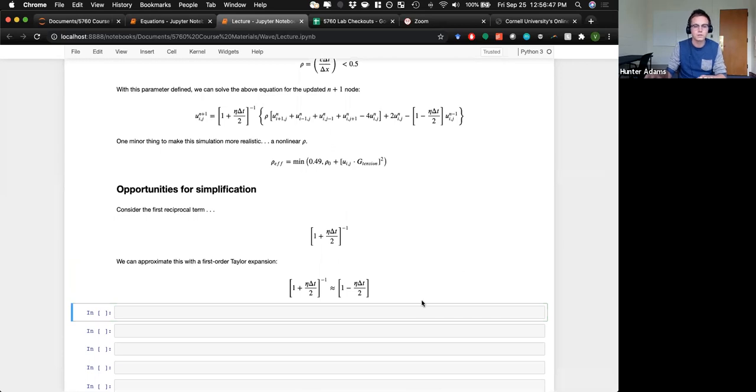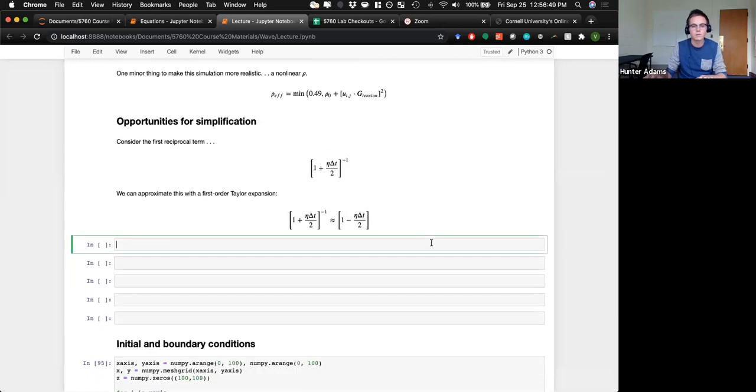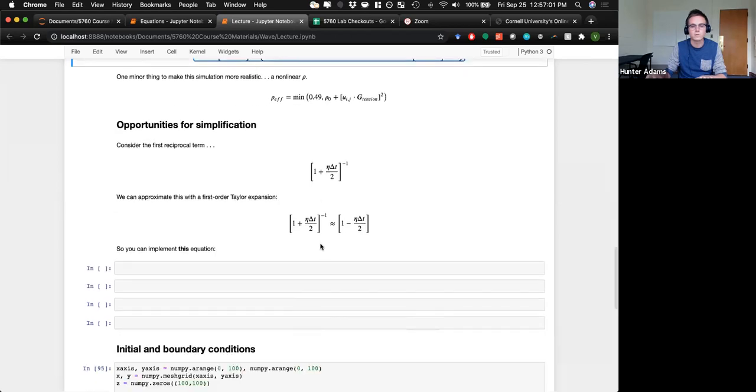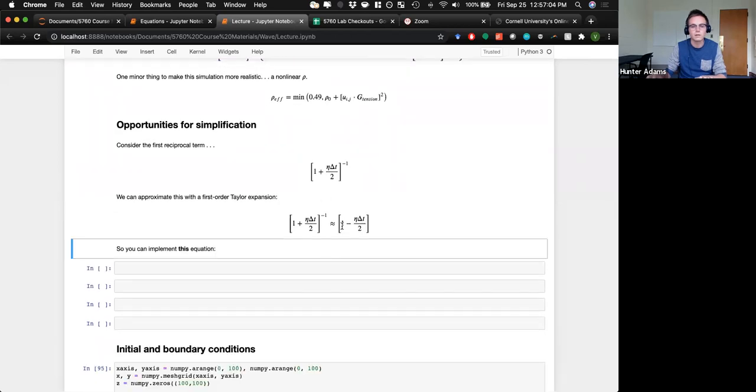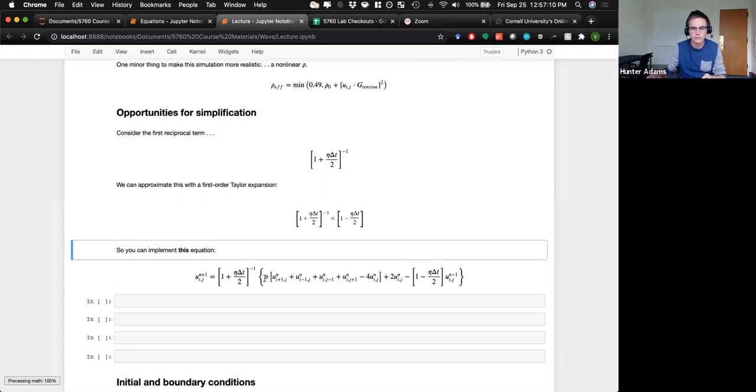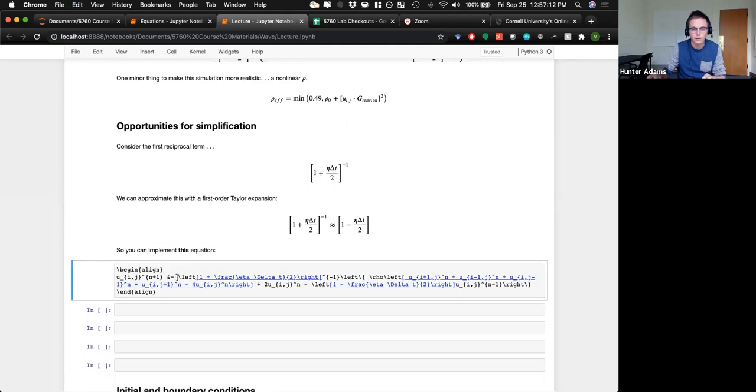It's approximately equal to that. So you can implement an equation which is almost exactly the same as what we said last time, but instead of that first reciprocal term, you can safely approximate that first term with this first order Taylor expansion.